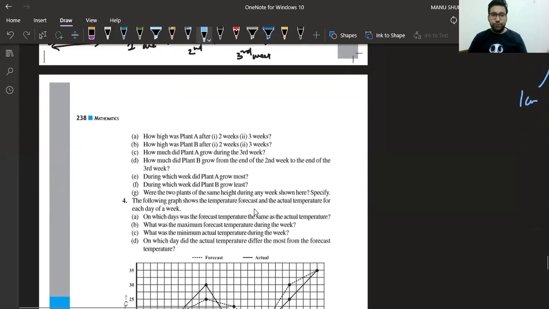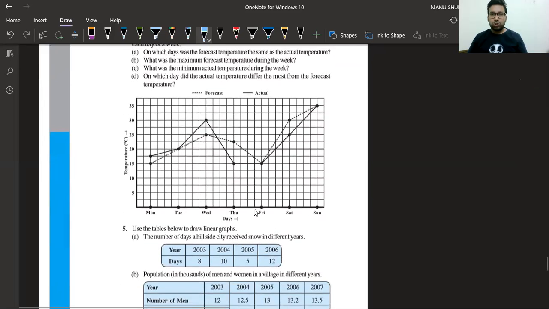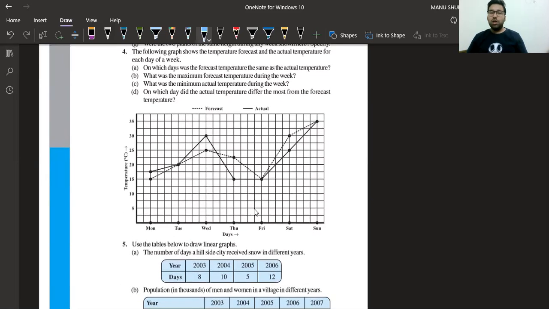Good. Now, let's try to see question number 4 now. The following graph... because I was always confused in these things. They used to say in the 18th century, and then the year was given 1784. I used to think when it is the 18th century, why are the years not 18 something? So after my 10th, I think, I used to get all these things.